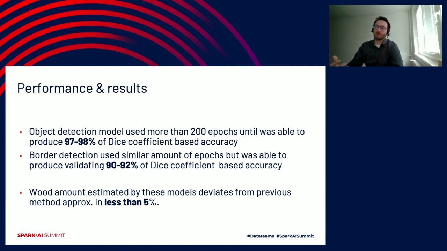And the final amount was done separately on a digital elevation model, and just to compare it with our previous method, you know, the labeling by a human expert, we obtained results that were so similar that the deviation from the previous solution was less than 5%. Actually, in most cases, it was around 2 to 3%. So this is definitely the way to do it, and good results for us to proceed even further.